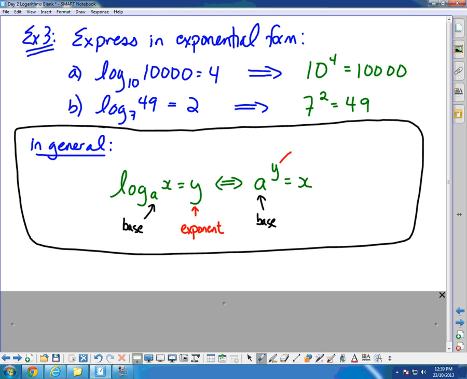And obviously, we can see the exponent here. And then this number here, the weird one, doesn't really have a name. So what I just call it, I call it the answer, because I'm not really sure what it's called.